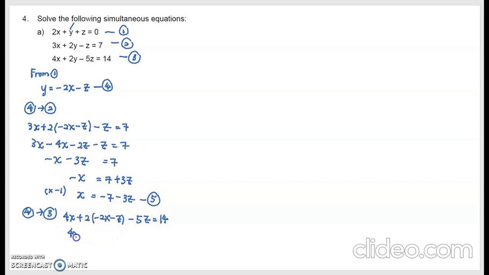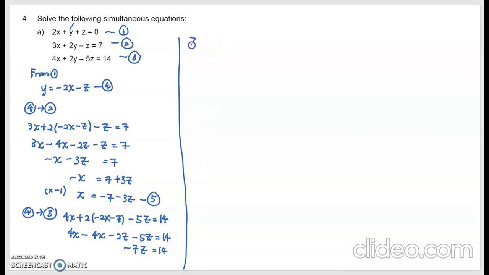So 4x minus 4x minus 2z minus 5z is equals to 14. So from here, this one, 4x minus 4x is 0x. So here is negative 7z is equals to 14. So z is equals to 14 divided by negative 7. So z is equals to negative 2.